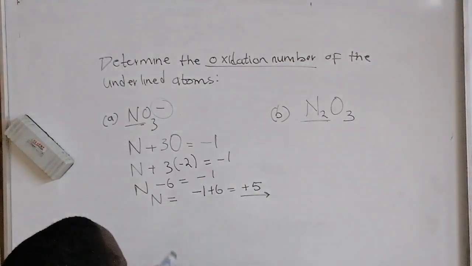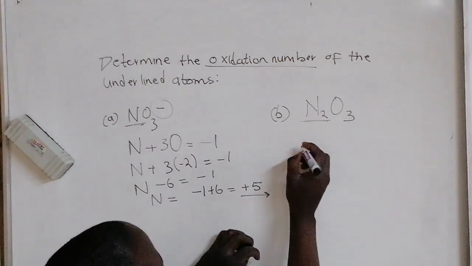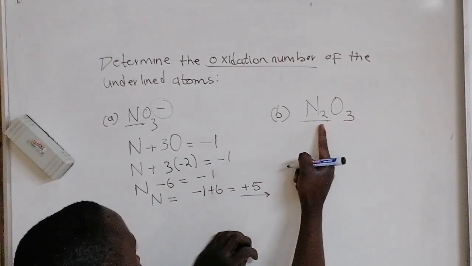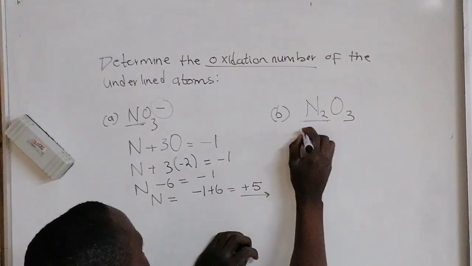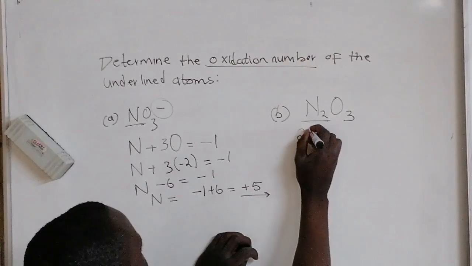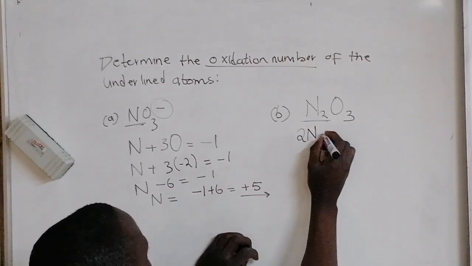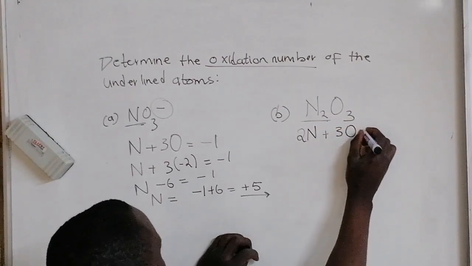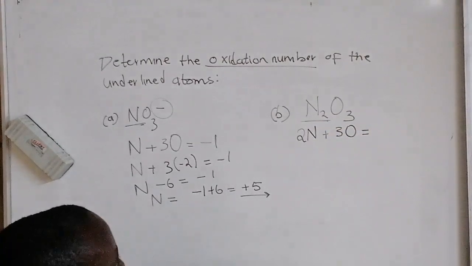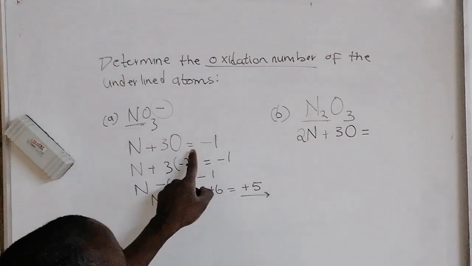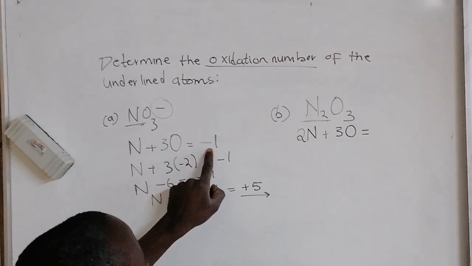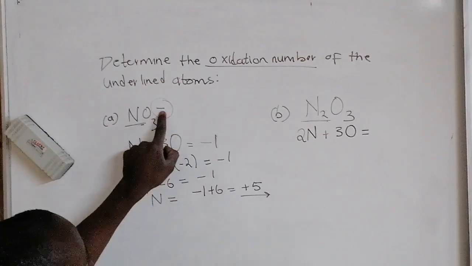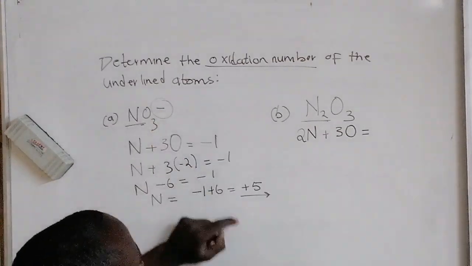Let's do this one so we can understand what we were doing there. The second example, since we have two nitrogen atoms, we'll make that subscript become a coefficient. Then we say plus 3 oxygen atoms equal to what? The net charge. Here we equated negative 1 as the net charge because we are given the negative ion. Now here there's nothing.